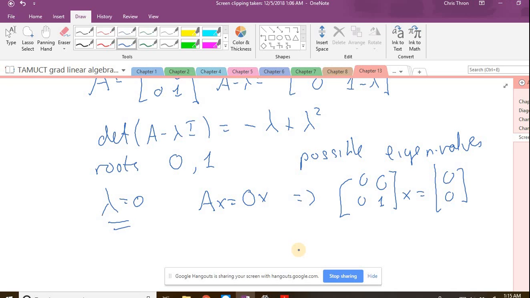How do you find the general solution of a homogeneous equation? What are the magic 4 letters? RREF. Okay, what's the RREF? Just row swap that thing, yes. Okay.